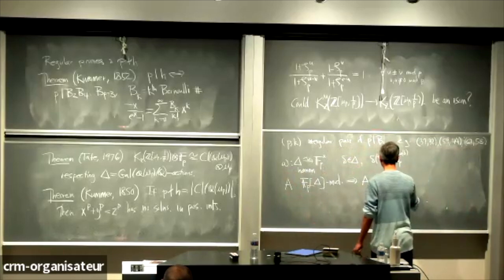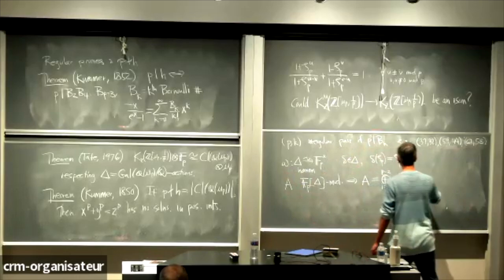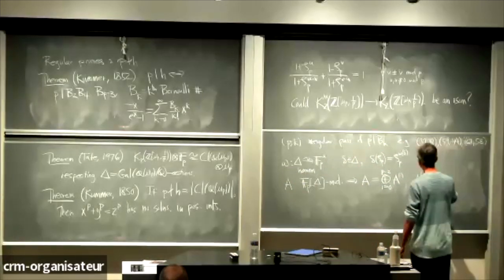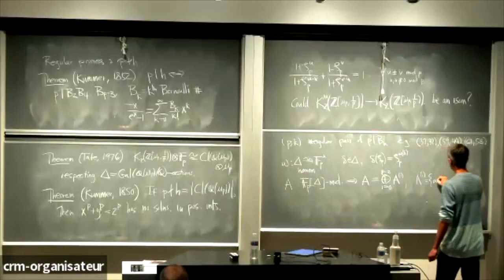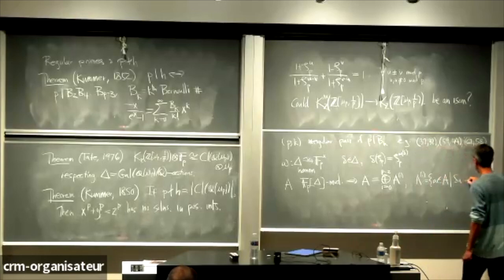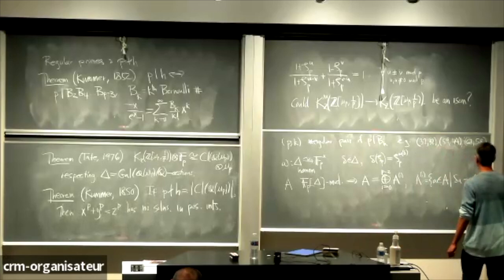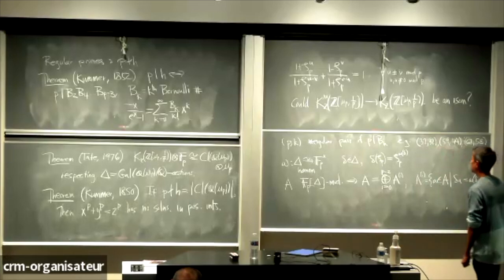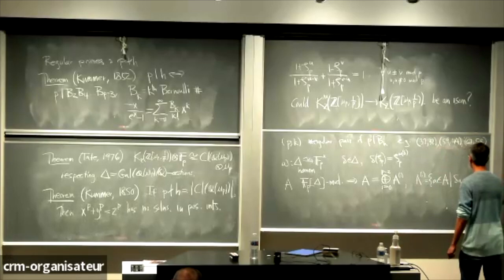And so A is the direct sum over i from 0 to p-2 of A_i, where A_i is the set of a in A such that if I have an element and I act on it by delta, it acts by the ith power of this character, for all delta or for the generator.